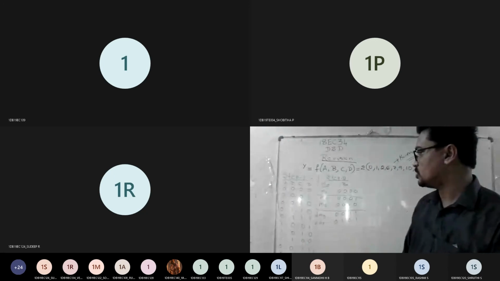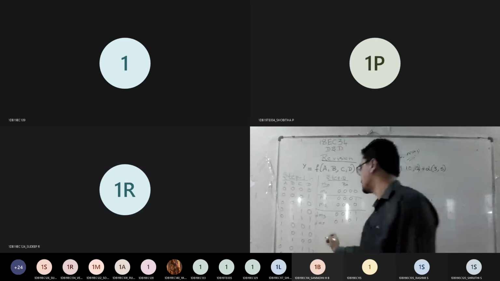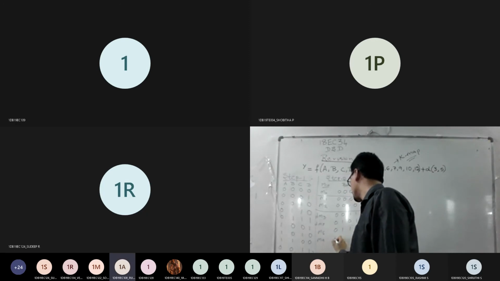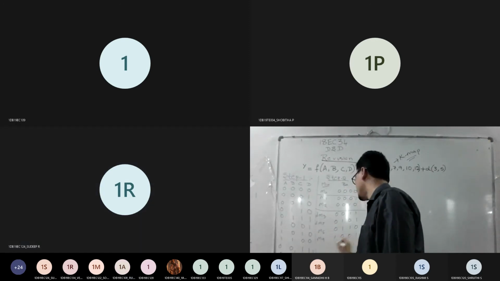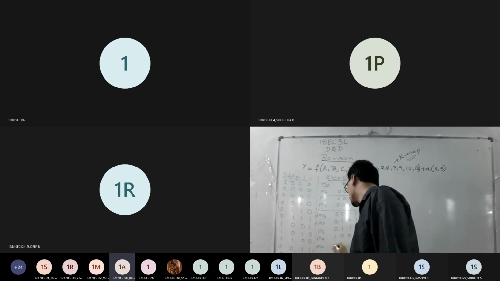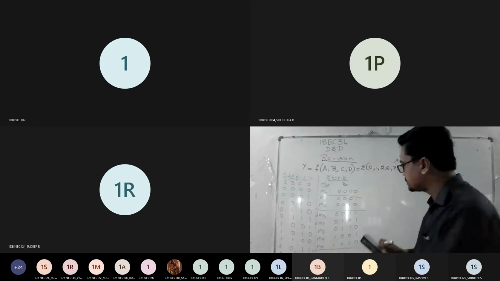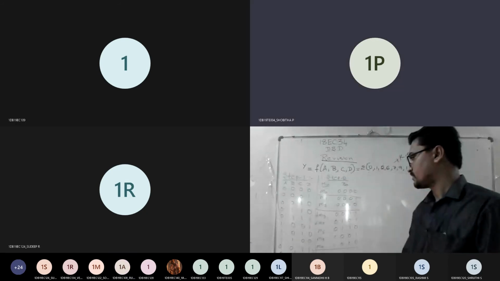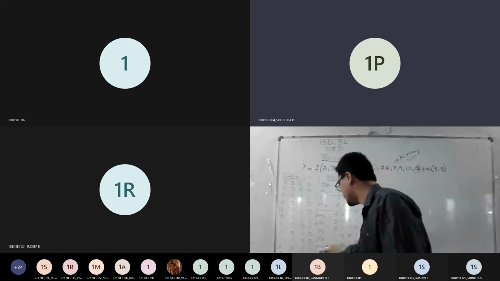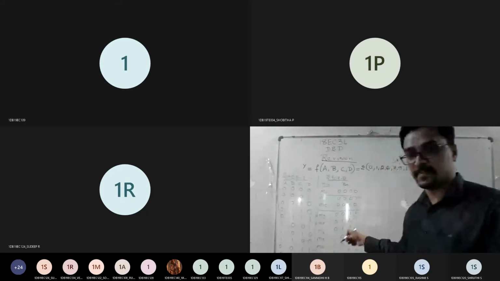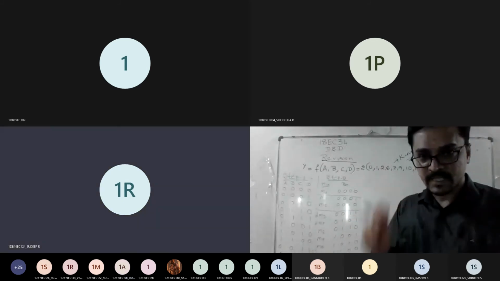Then M6, 0110, M9, 1001, M10, 1010. Anything left out with two ones? M12, 1100. Is the bold writing visible clearly?